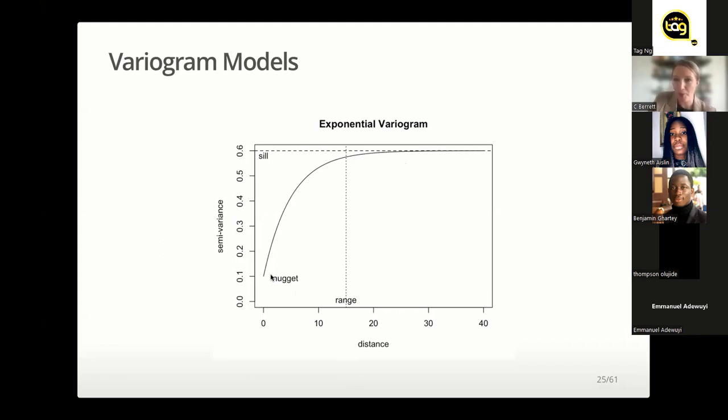And then there's something called the partial sill, which we're going to see in the example that we use, which is usually the difference between the nugget and the sill. So in this case, the partial sill would be 0.5. Sometimes the nugget is called the partial sill of the nugget, just to denote that the nugget makes up part of that total sill.